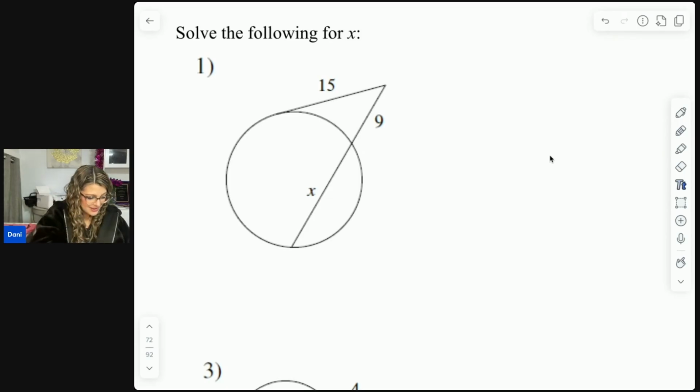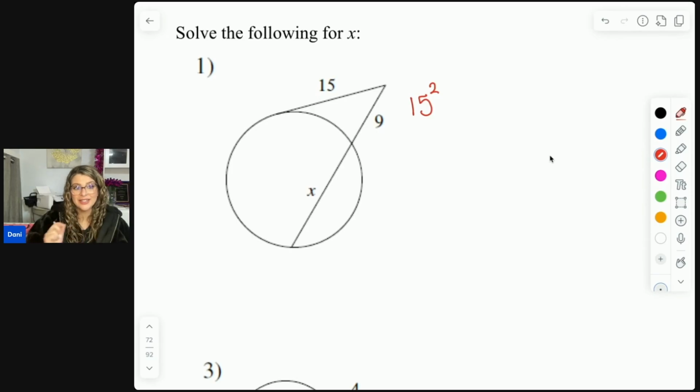York State. All right, so when we have our tangent line and a secant line, we're going to do the tangent line squared equals the outside part of that secant, which in this diagram is 9, times the length of that whole secant line, 9 plus x.